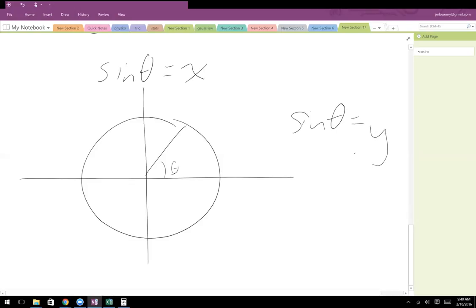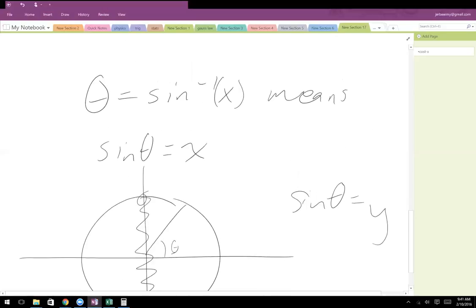If I look at the whole picture, what's the biggest y coordinate you see on that circle? 1. What's the smallest y coordinate you see on that circle? Negative 1. So all of the y coordinates are between 1 and negative 1. So sine of anything winds up somewhere between 1 and negative 1, right?